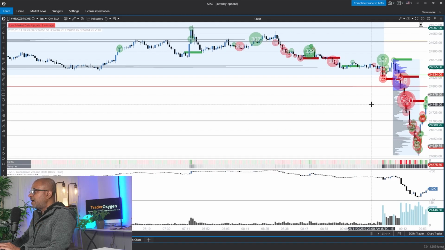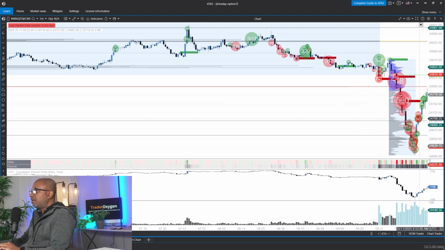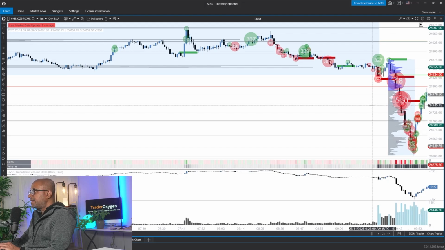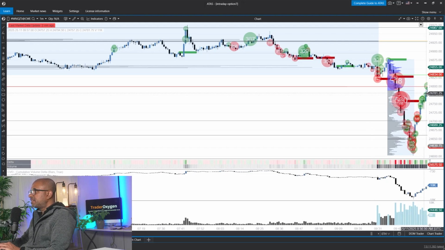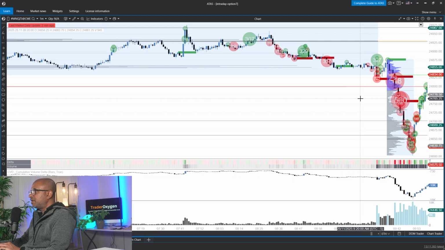The price started retracing around 9:50 a.m. New York time, and you can see the green bubbles starting to print, and that means aggressive buyers started pushing the price up in this retracement. Aggressive buyers are now heavily involved in this area during the price retracement.